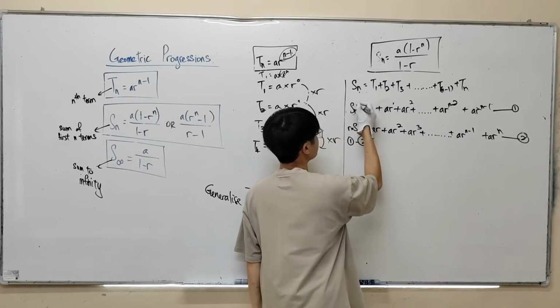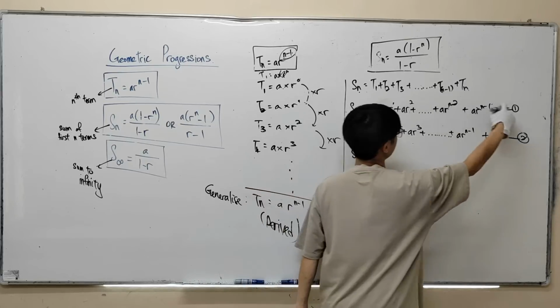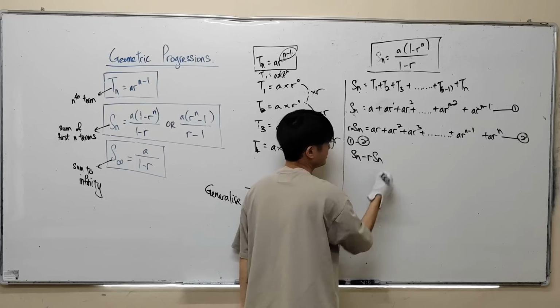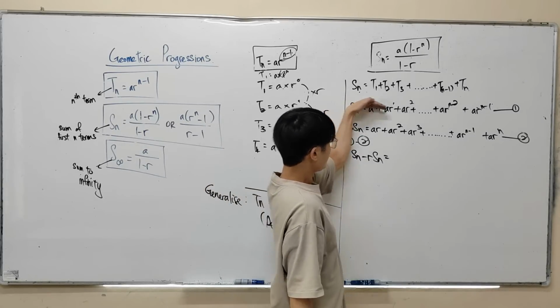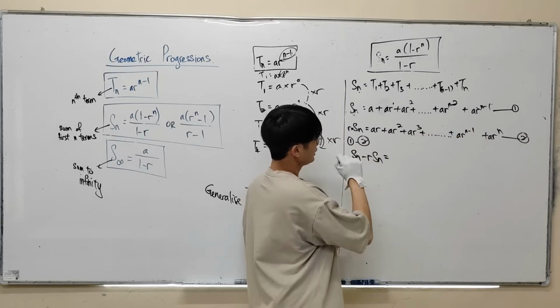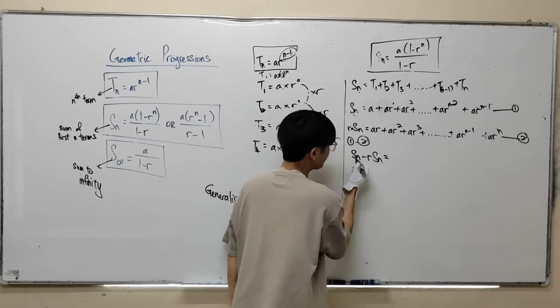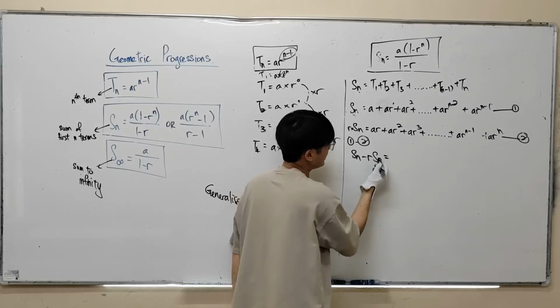So it becomes what? I'm taking the Sn, which is equation 1, minus the next one, which is rSn, right? Equals, right? So imagine I'm taking this row, minus this row. What's going to happen? You can see that if I take this one minus this one, it becomes Sn minus rSn, right?